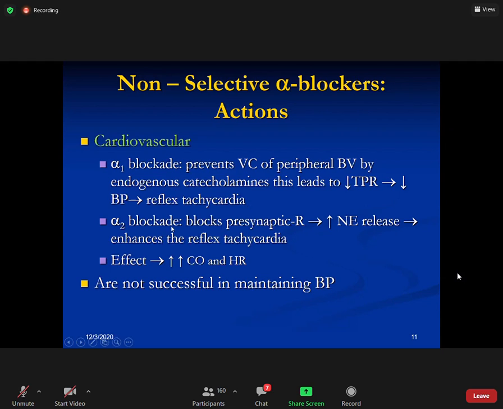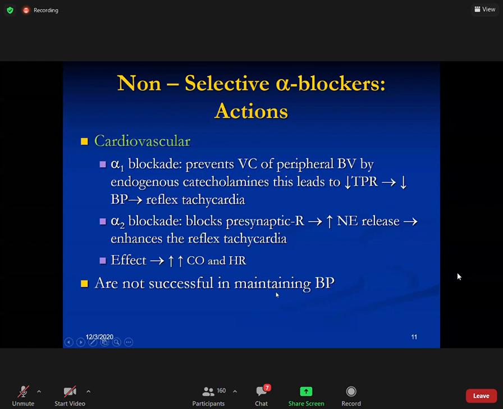Alpha-2 blockade blocks what? The presynaptic receptor. When you block it, what will happen? More norepinephrine release, which enhances the reflex tachycardia. So the effect in general is increasing cardiac output and heart rate, but they are not successful in maintaining blood pressure.